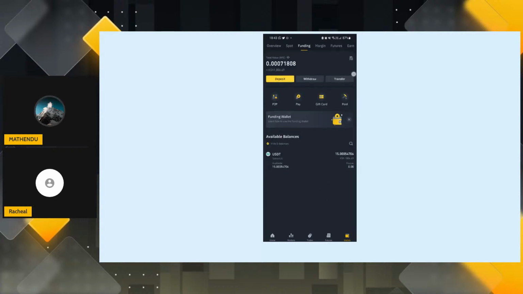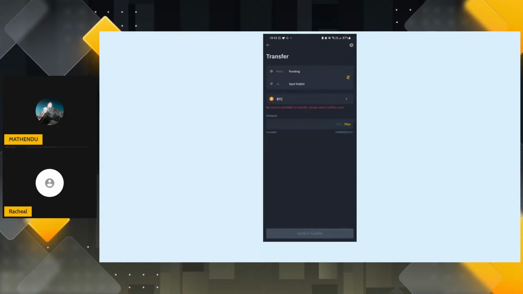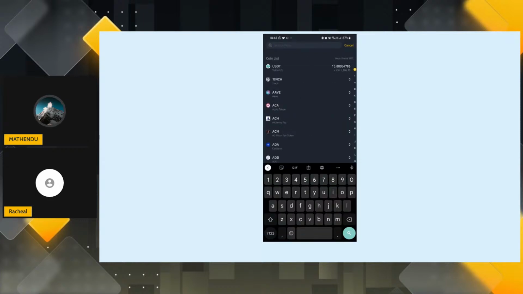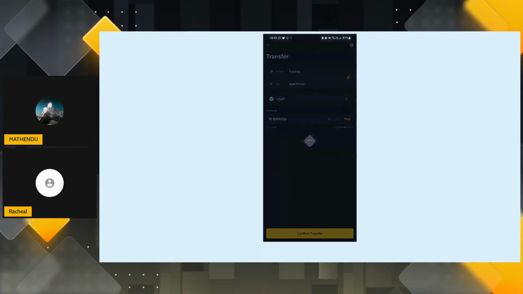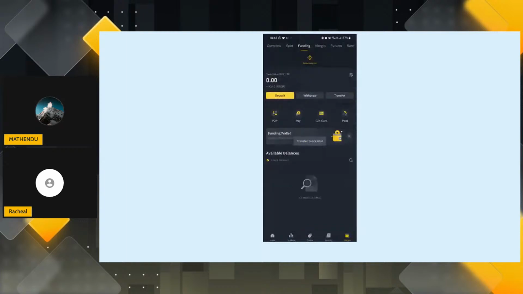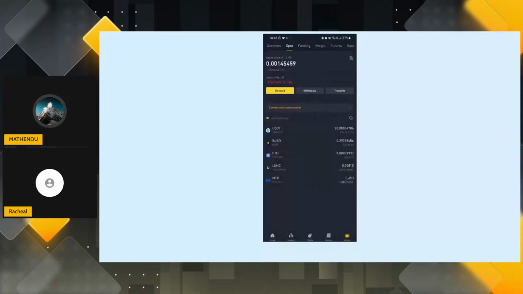So you'll need to transfer them from P2P to the spot wallet and select the kind of asset you want to transfer. In this case, we are transferring from the funding wallet to the spot wallet. P2P is under the funding wallet, and we are transferring $15 and then confirm the transfer. You'll notice the amounts will be moved from funding to spot. Remember, that's a free transaction.